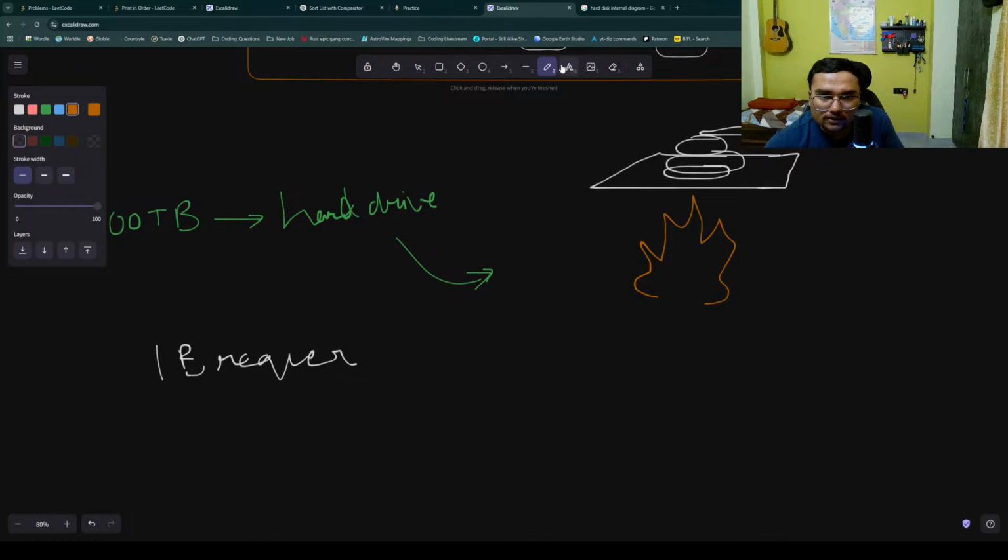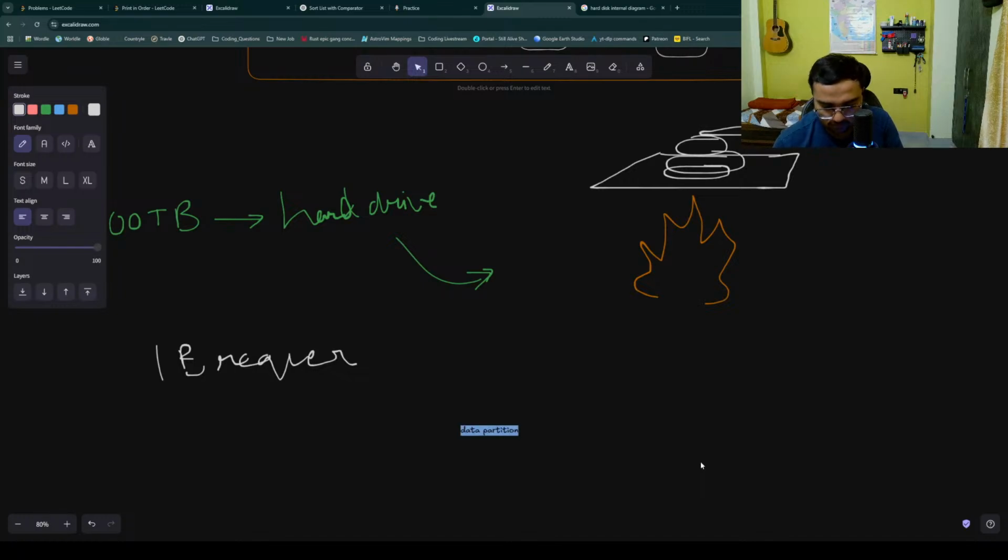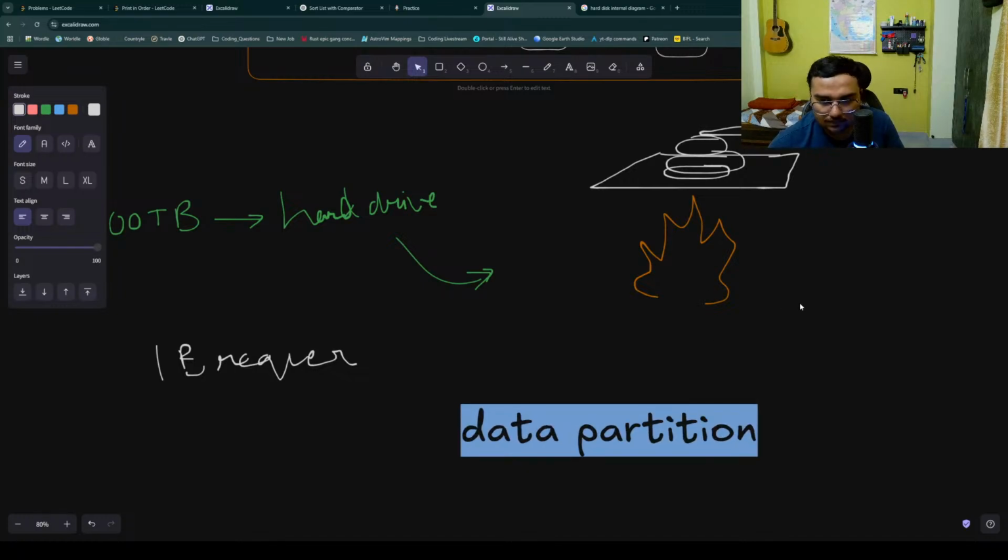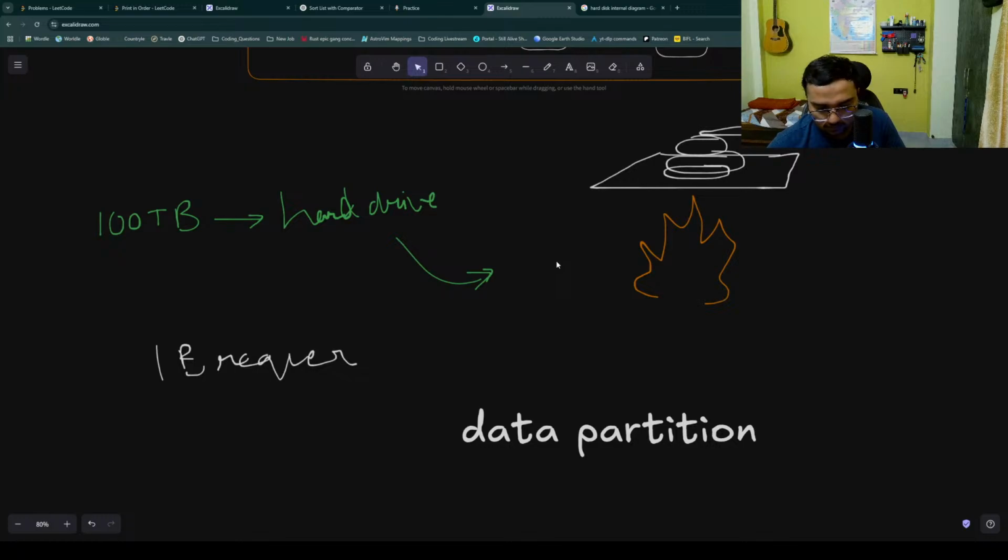That's what we call data partition. Store them in multiple servers.